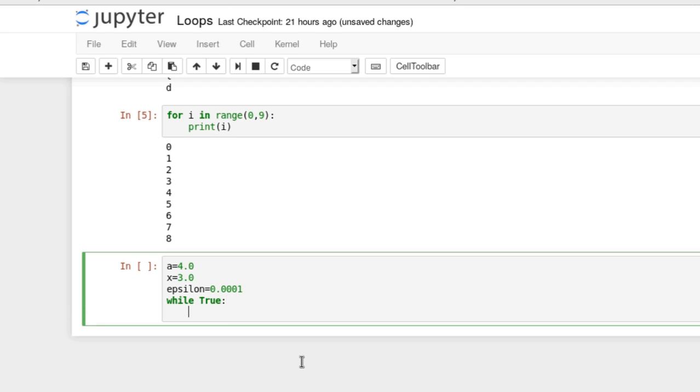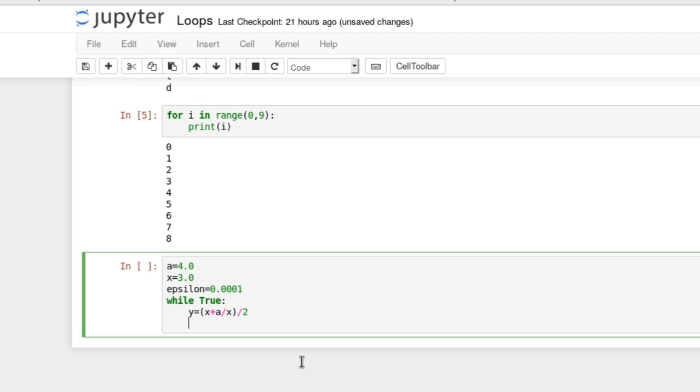Then you need to find out the value of y equal to (x plus a by x) divided by 2. Then you need to find out the difference. If the difference is very small, then you can stop. So, you need to take the absolute value, otherwise you will be getting negative and positive.